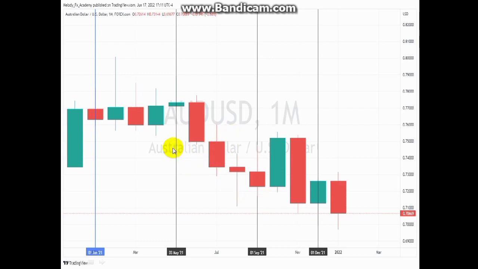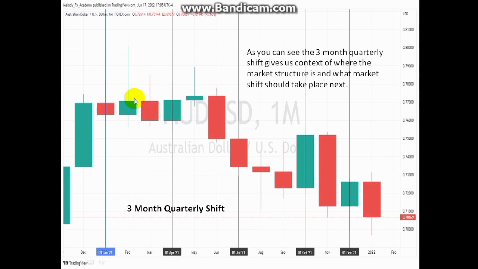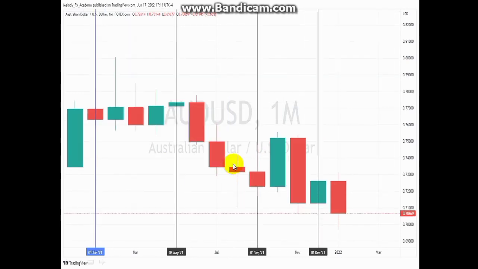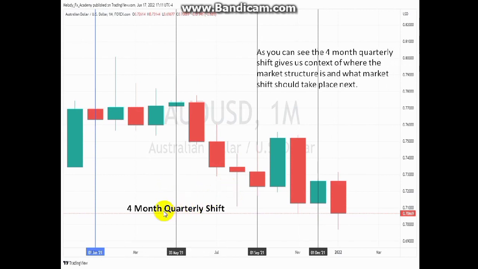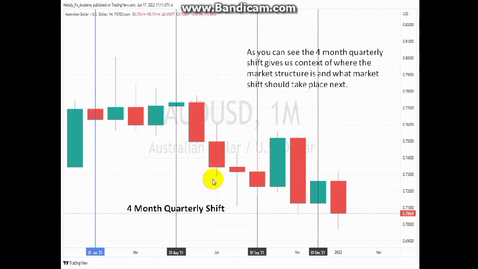Sorry, if you are making use of the 3 month quarterly shift, you should expect a shift in structure 4 times in that particular trading year. If you are making use of the 4, you should expect a quarterly shift 3 times in that trading year.